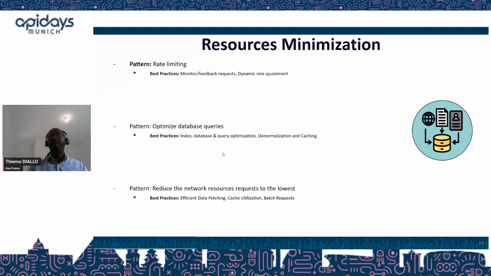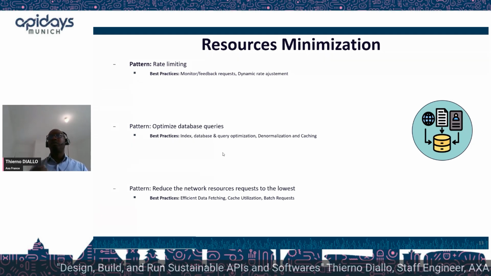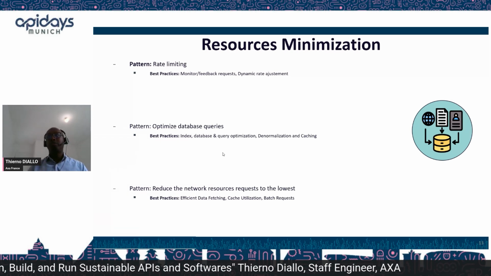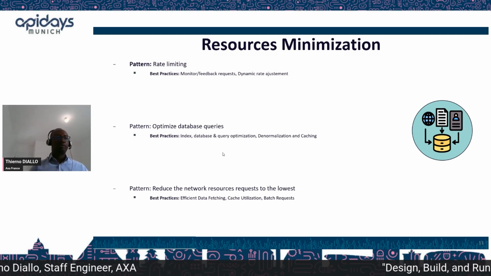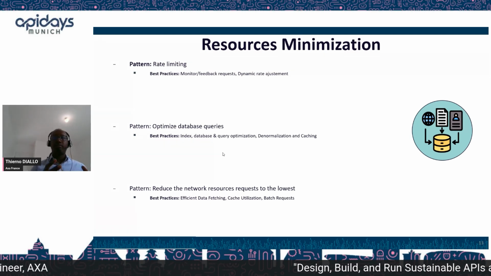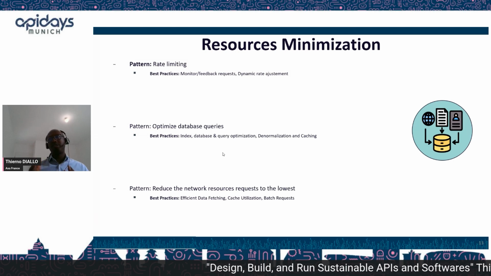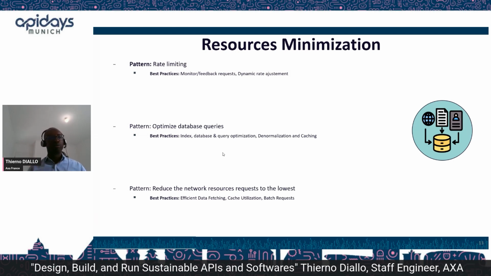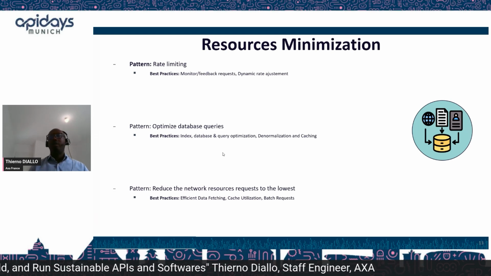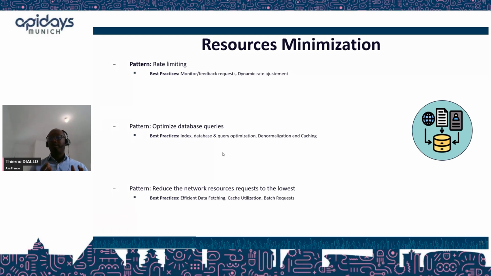And resource minimization. In the resource minimization principle, we have rate limiting, database optimization, and reducing the network resource requests to the lowest. It could be very interesting and helpful because when you have an API coupled with a database which is not very efficient, your network call or your API performance will be impacted by the performance of the database.